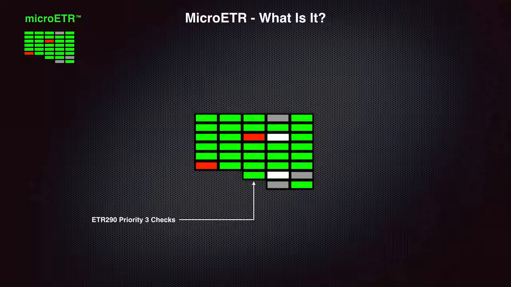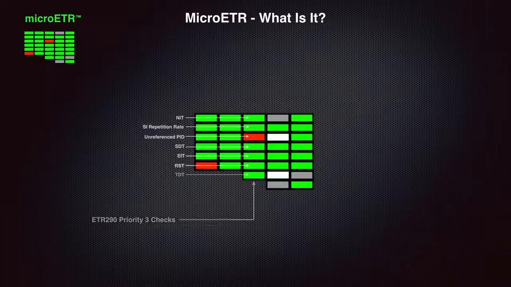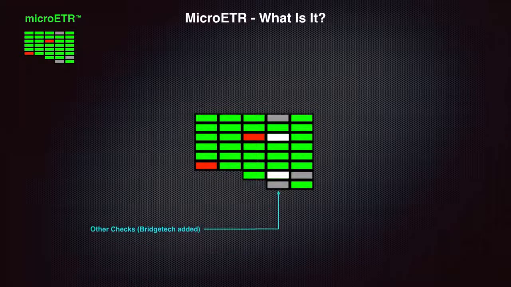Similarly, column 3 shows errors ranging from NIT to TDT. Column 4 is different in that it doesn't display any ETR errors, but instead some additional tests added by BridgeTech.